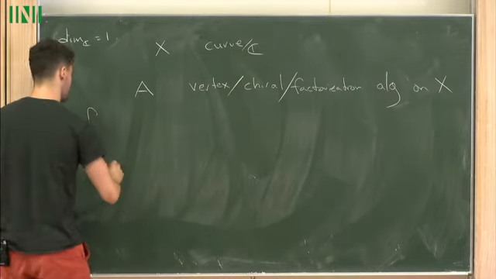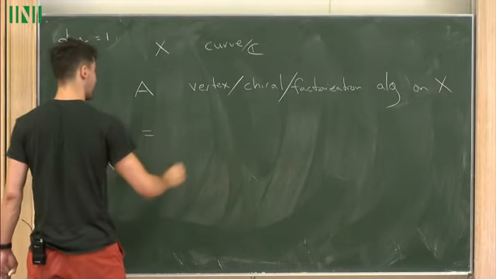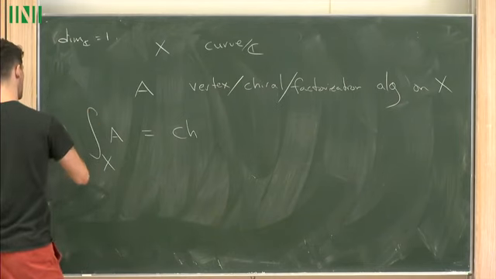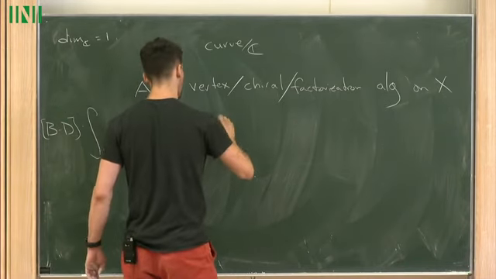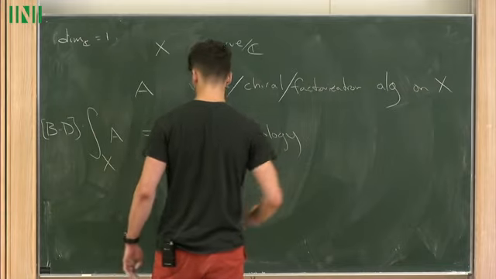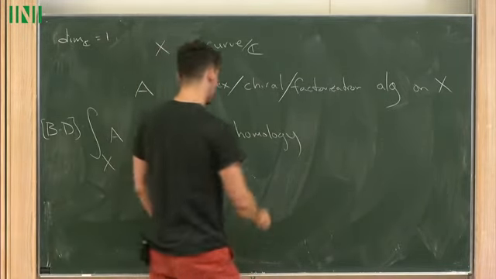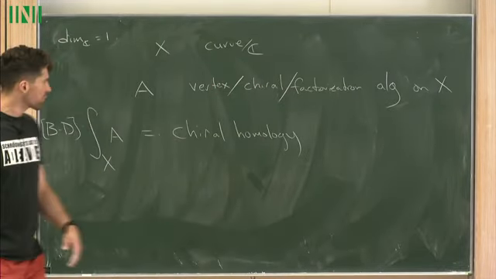So now one can define this object, and Beilinson and Drinfeld called this the chiral homology. This was just a new object. It wasn't something that people had considered previously.